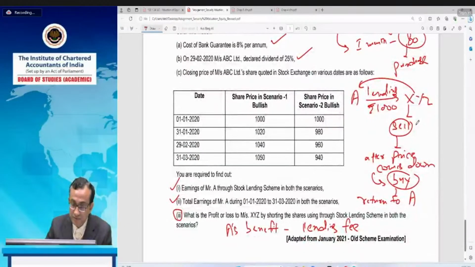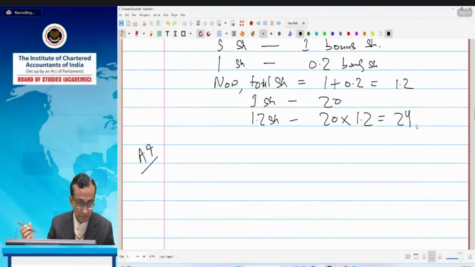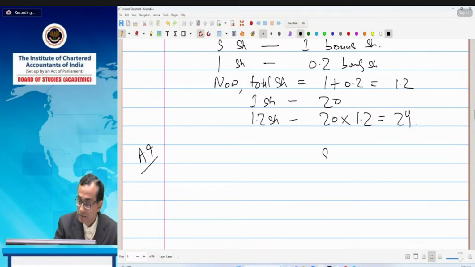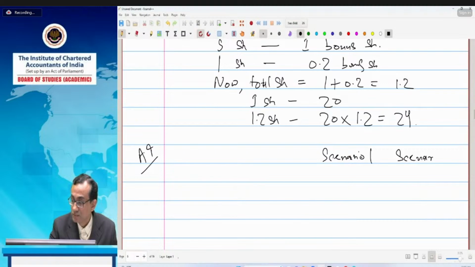So first of all, find the earnings of Mr. A through the lending scheme. What is Mr. A doing? Mr. A is lending the shares to XYZ, so Mr. A's earning will be the lending fee. First of all, calculate how much lending fee Mr. A is getting. Let us take scenario 1 and scenario 2.